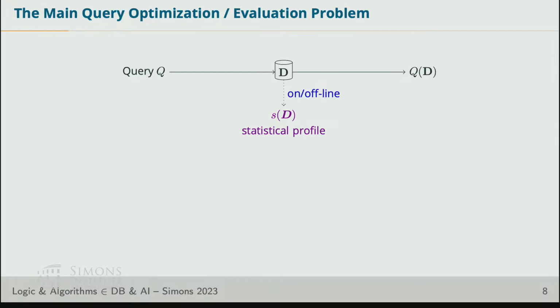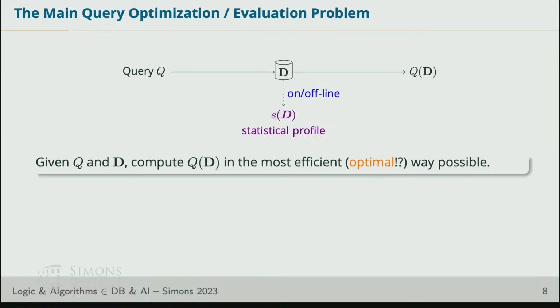And then we would like to return the answer to the query. So the problem is, given Q and D, compute Q(D) in the most efficient, and dare I say, optimal way possible. Optimality is a very, very strong word. I don't want to claim that, but let's see how far we can push this notion.